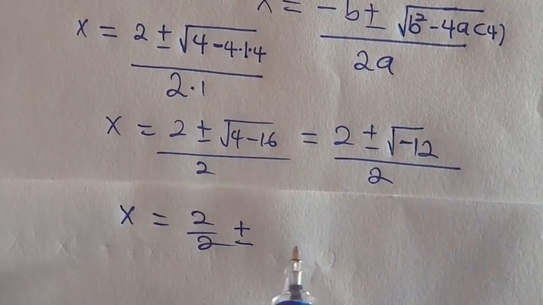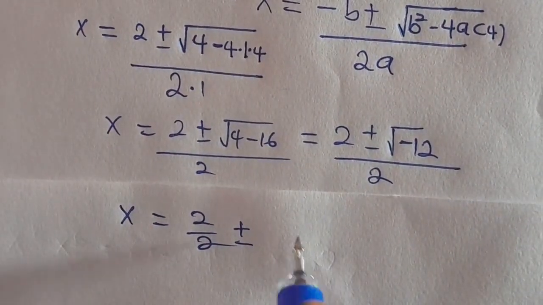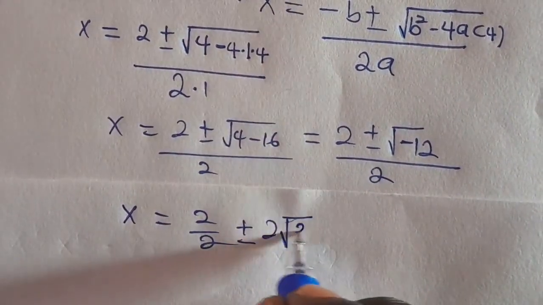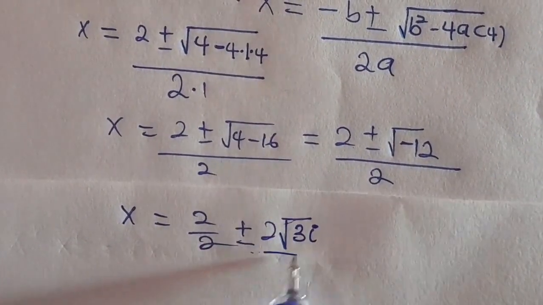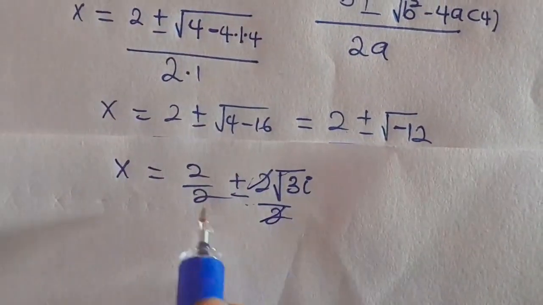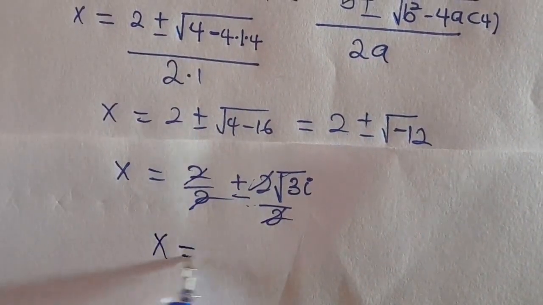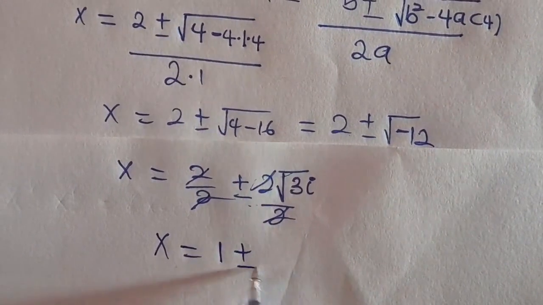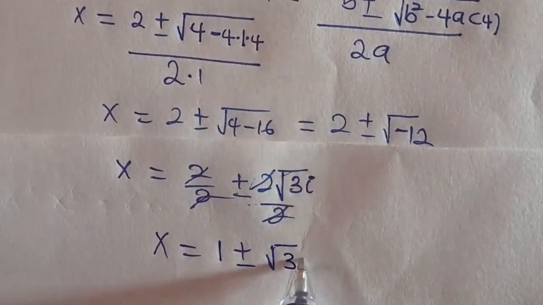When you take this one, we have 2 root 3i divided by 2. So this will take away this. This also divided this. We have our x to be equals 1, then positive or negative root 3i.